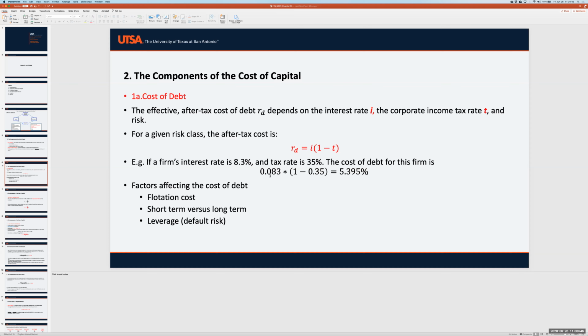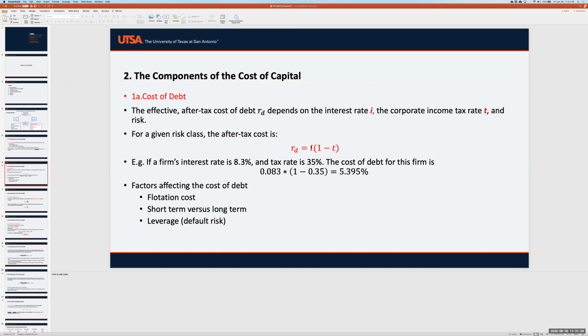Why do we have this formula? Because of the tax shield. Corporations don't pay taxes on their interest costs, so you need to exclude the interest payments in the tax calculation.